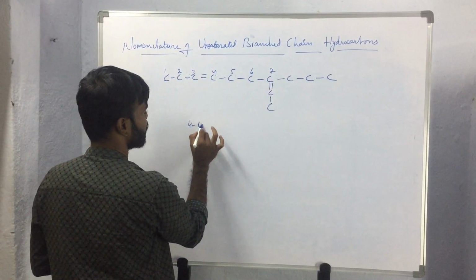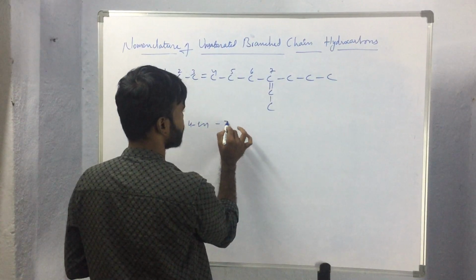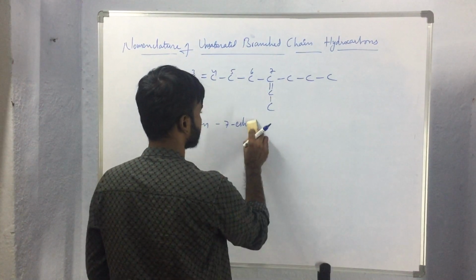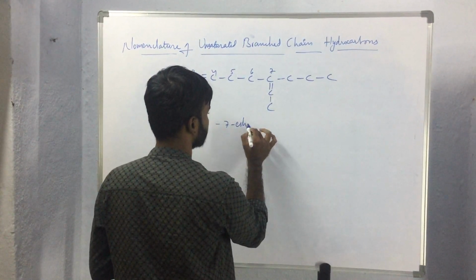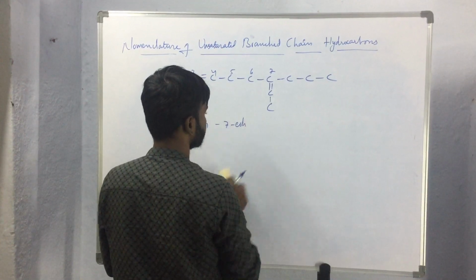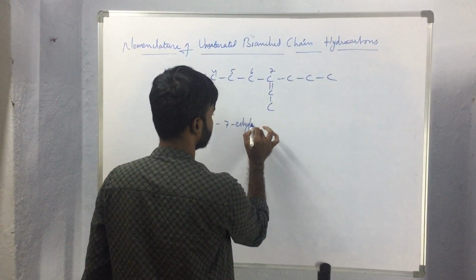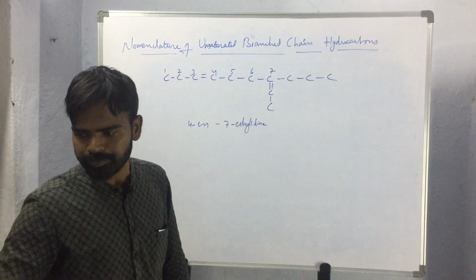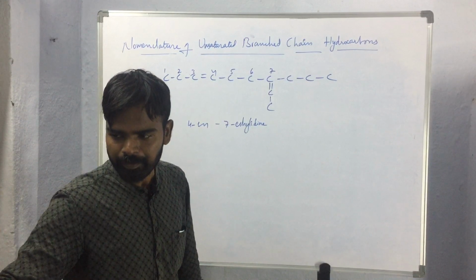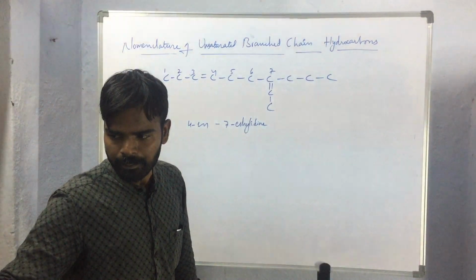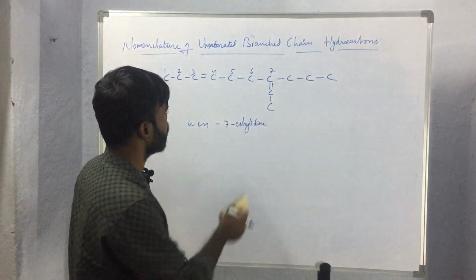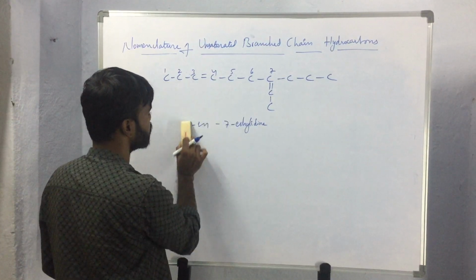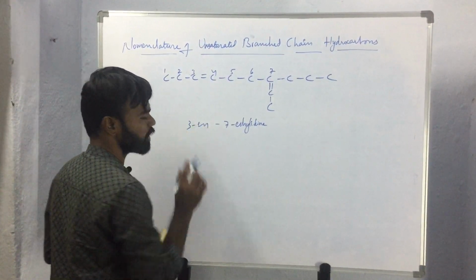So the seventh carbon atom is having the ethylidene substitution and the third carbon atom is having the unsaturation here.